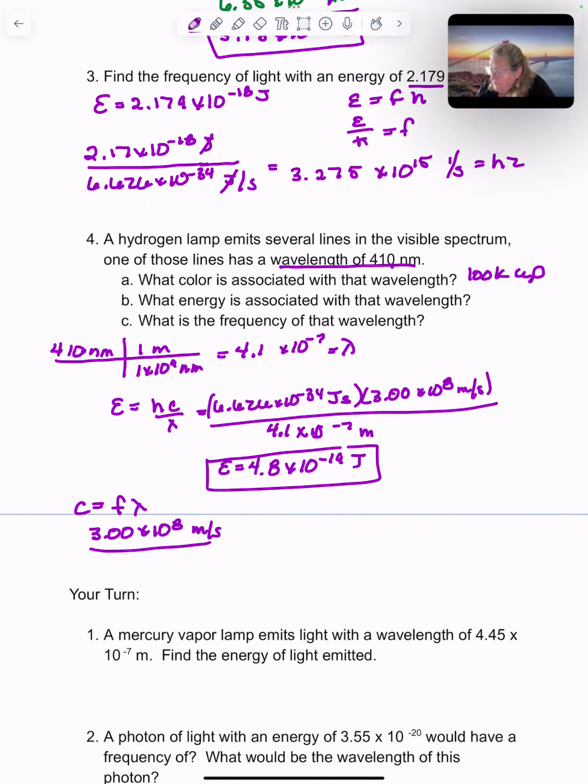We're going to divide that by our wavelength, which was 4.1 times 10 to the minus 7 meters. This is going to give me 1 over seconds, which is the same thing as a hertz. I got a calculator here, and I want two significant figures, 7.3 times 10 to the minus, no, positive 14, 10 to the 14. So not a negative sign there.